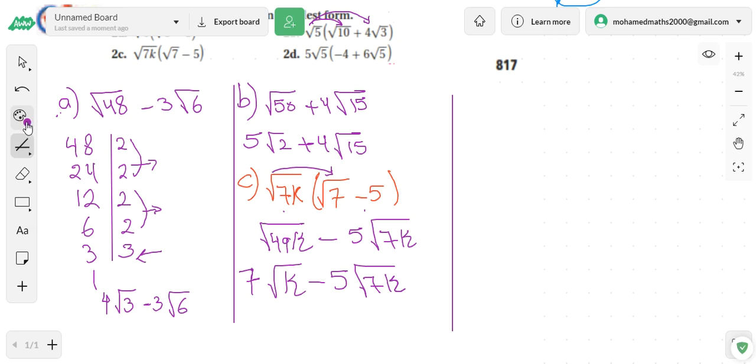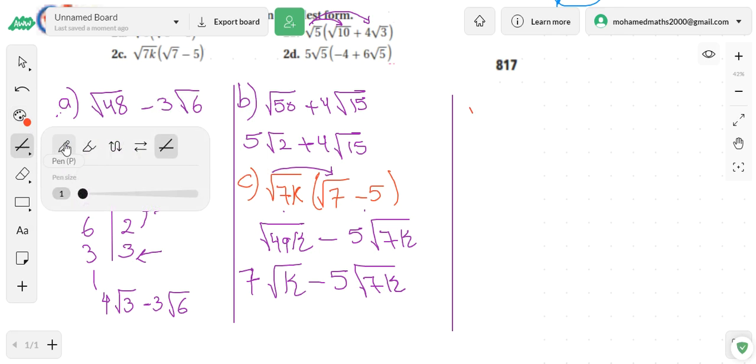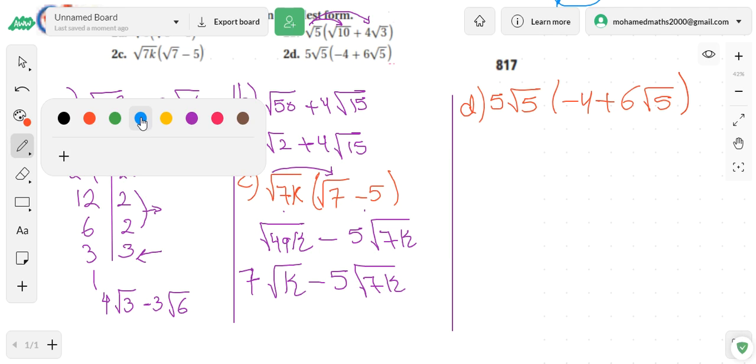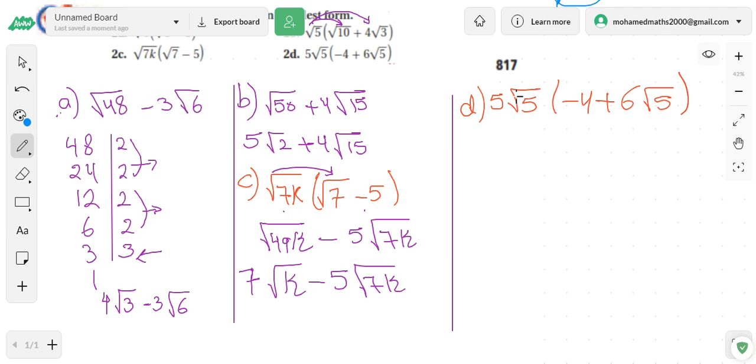Last question, he asks us to multiply 5 radical 5 times negative 4 plus 6 radical 5. Now let's multiply again. 5 radical 5 times negative 4, so it is negative 20 radical 5.